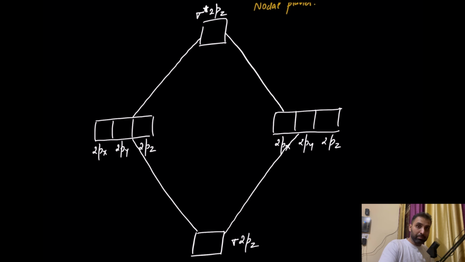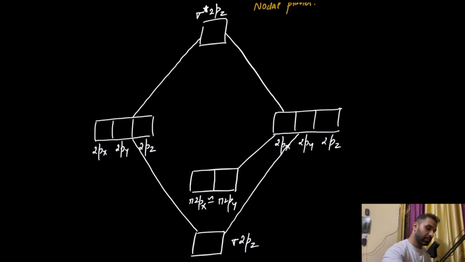Now let's move to the pi bonds now. We got the pi 2px and pi 2py. The energy of pi 2px and pi 2py is almost equal. So we make these two bonding molecular orbitals together. So like this, and we got it like this.